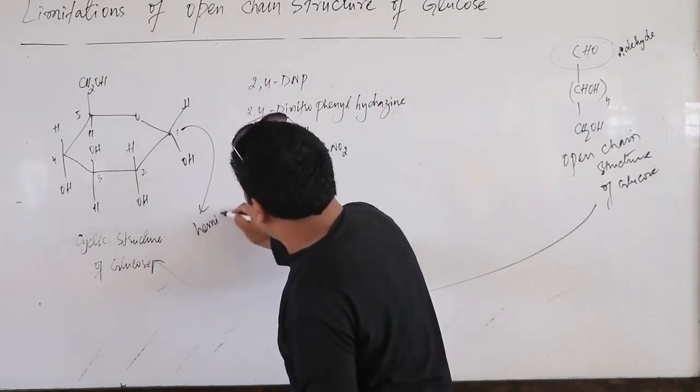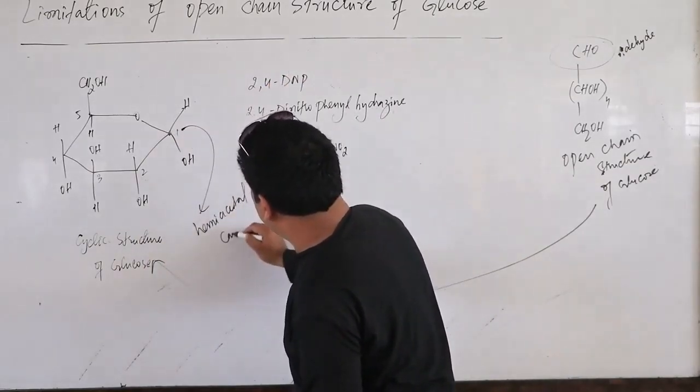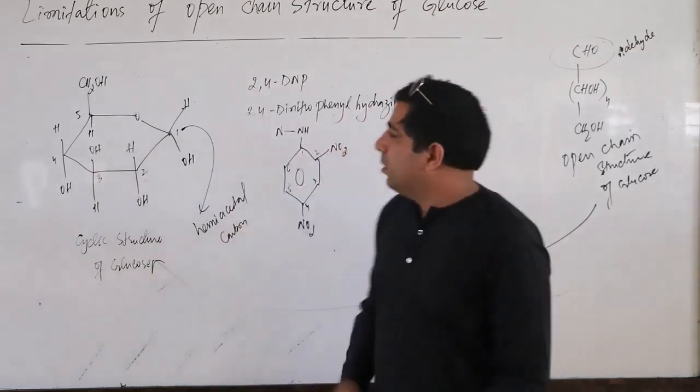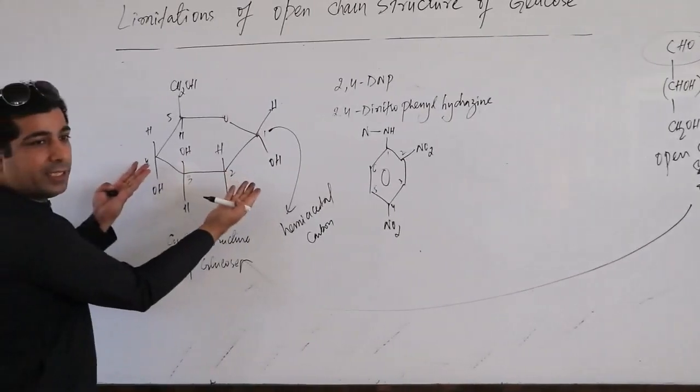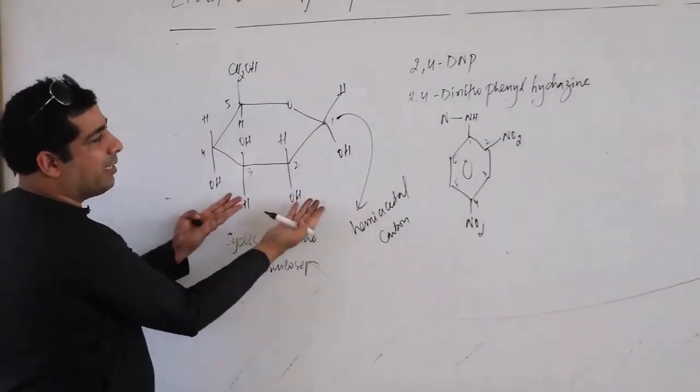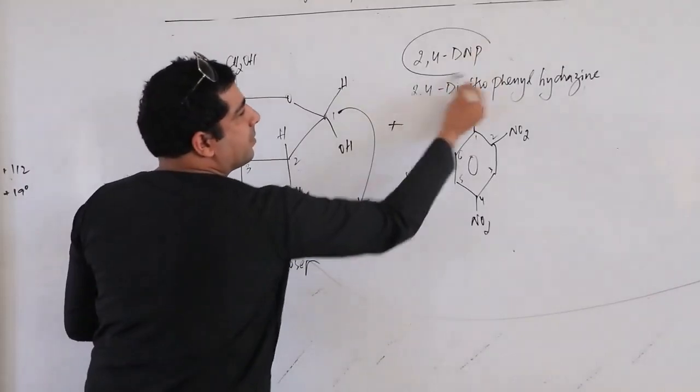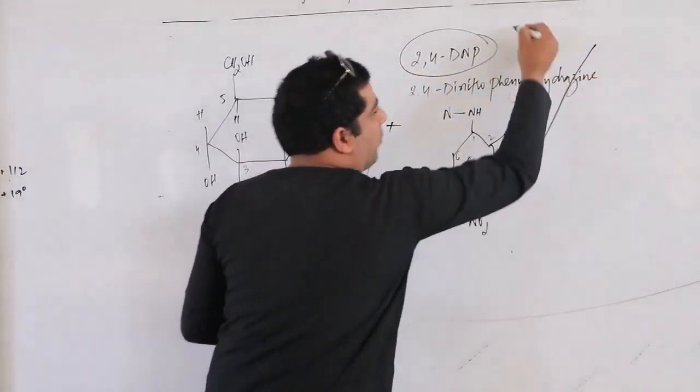It's known as hemiacetal carbon. There is no free aldehyde. You can see here, there is no free aldehyde. So when it does not have free aldehyde, will it react with this thing? No, it will not react with this thing.